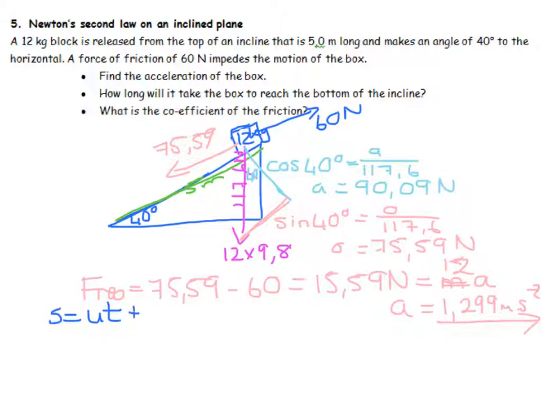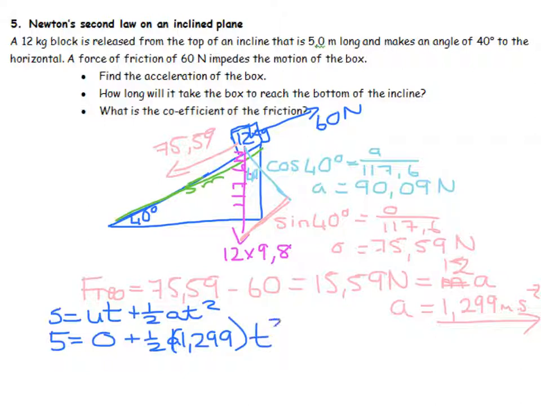So I'm going to use S is equal to ut plus a half at squared. 5 is equal to 0 plus a half. I do know the acceleration. It's this 1,299 that I just saved in my calculator. Don't forget to square root, and I find that time comes out to be 2,77 seconds is the time it will take for it to reach the bottom.